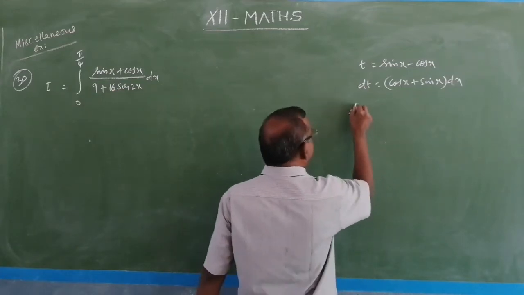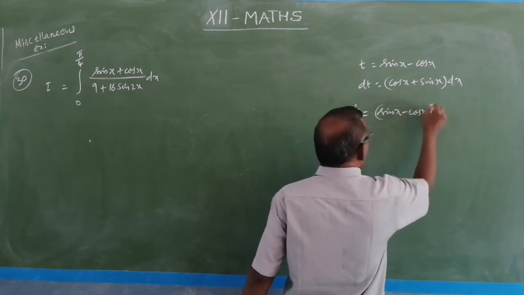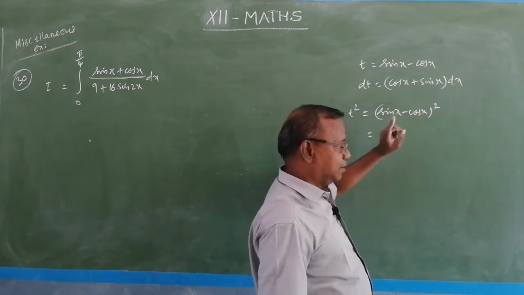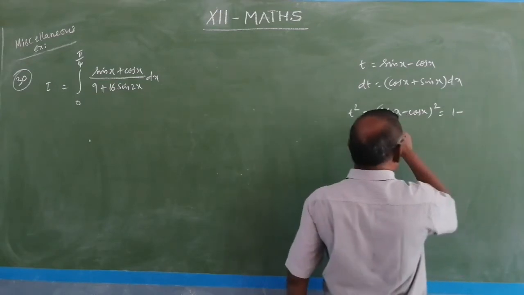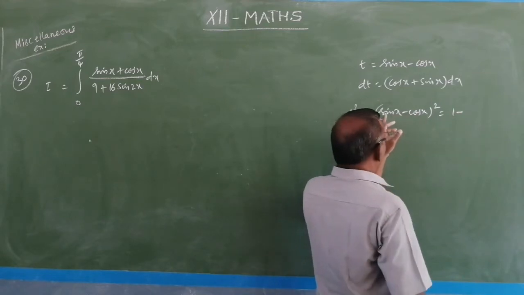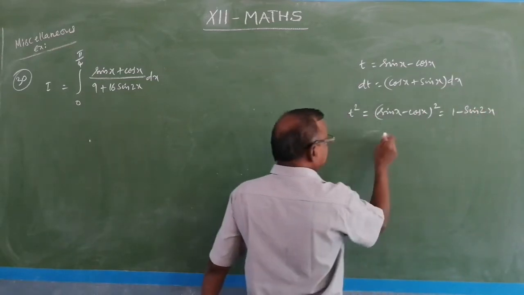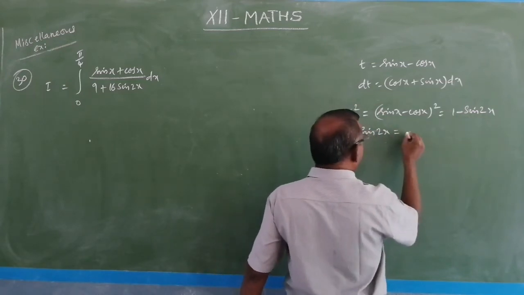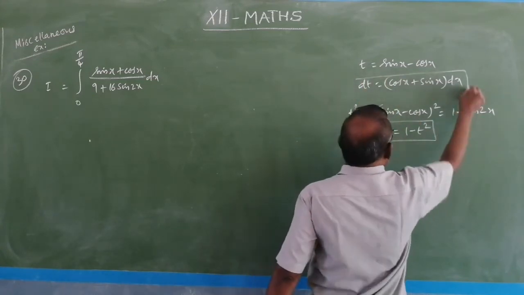Now t square equal to (sin x minus cos x) the whole square, which is equal to a square plus b square, that is sin square x plus cos square x equal to 1, that is equal to 1 minus 2 sin x cos x, sin square x plus cos square x minus 2 sin x cos x. So this is equal to 1 minus 2 sin x cos x is sin 2x. So sin 2x equal to, bring the t square there, 1 minus t square. So we need these two.